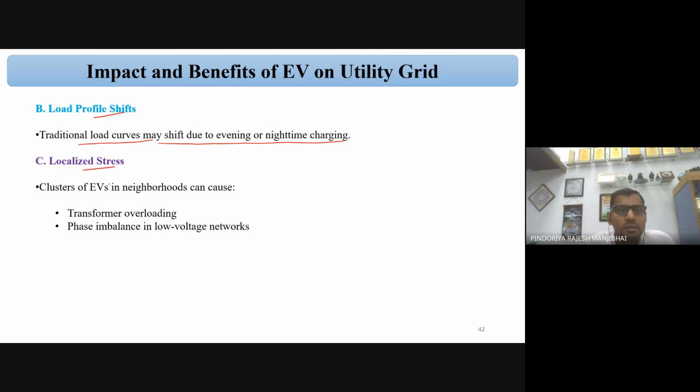Localized stress. Clusters of EVs in a neighborhood can cause overloading, because you are charging your vehicle. So the transformer is overloaded. Phase imbalance in the low voltage network. Correct. Sag, swell, harmonics. So there is a lot of localized stress, correct?